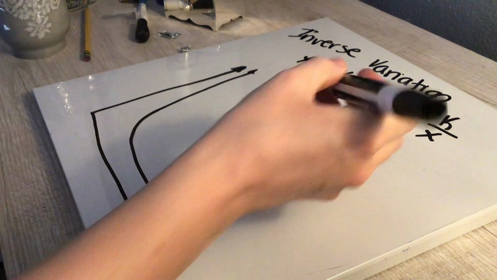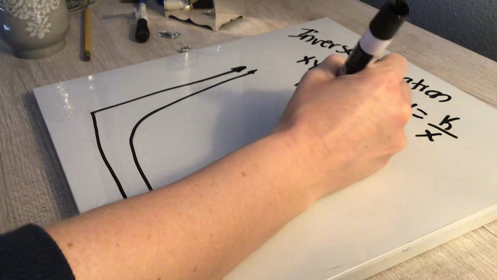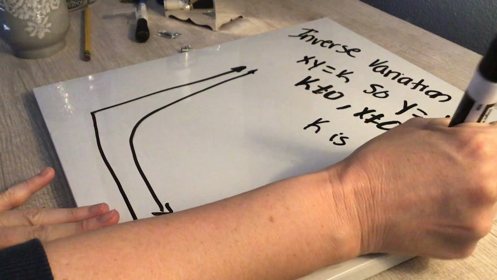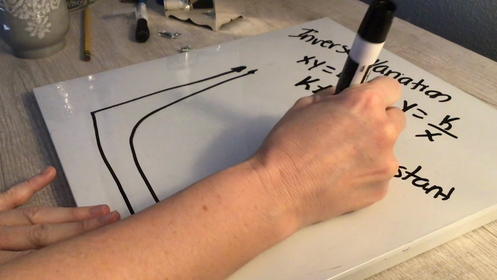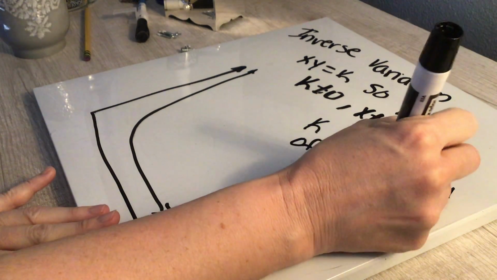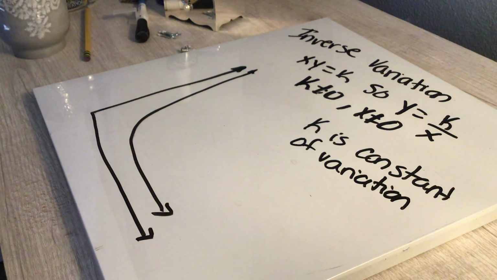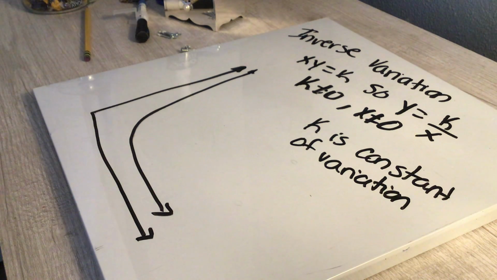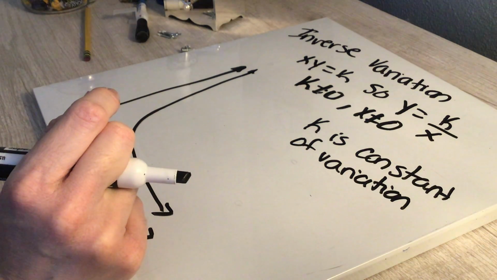Okay? And again, k is your constant of variation. So again, in direct variation, x and y can equal 0, but in inverse variation, x and y cannot be 0 ever. So you get this curve to your graph.